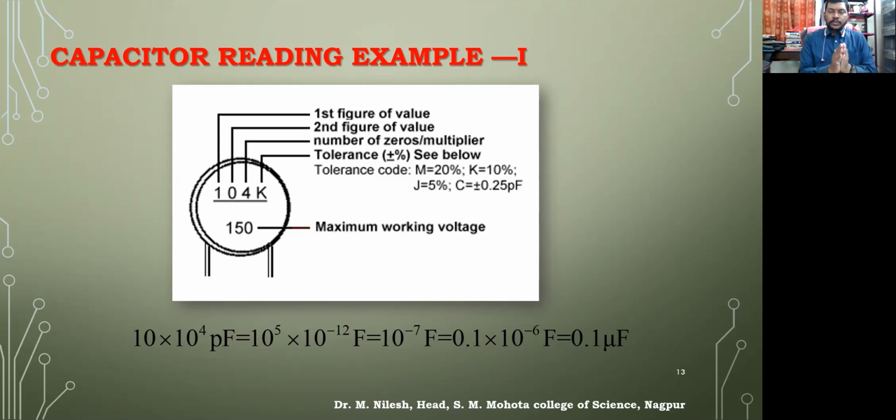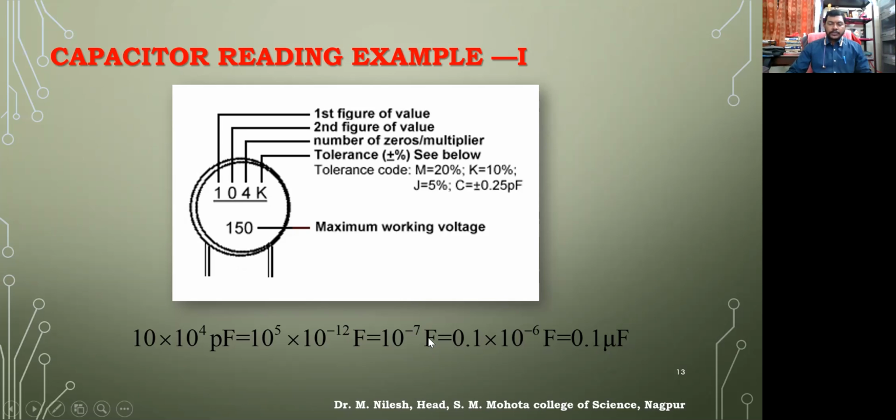Remember this, right? So now the total number becomes 10 into 10 raised to power 4, which gives 10 raised to power 5, and pico means 10 raised to power minus 12 farad. If you further resolve this, it comes out to be 10 raised to power minus 7 farad.